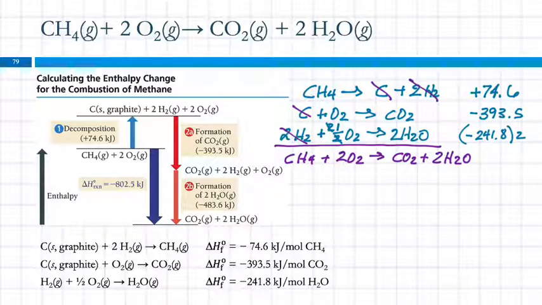And then if I add those delta H's, 74.6 plus negative 393.5 plus negative 241.8 times 2, I get minus 802.5.